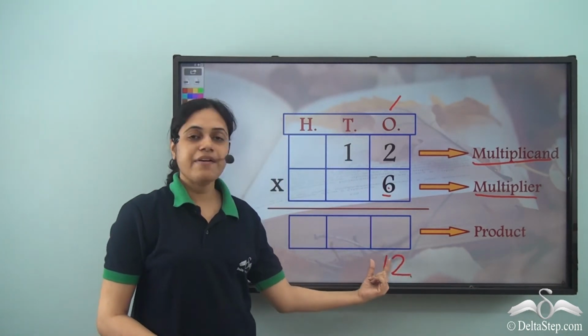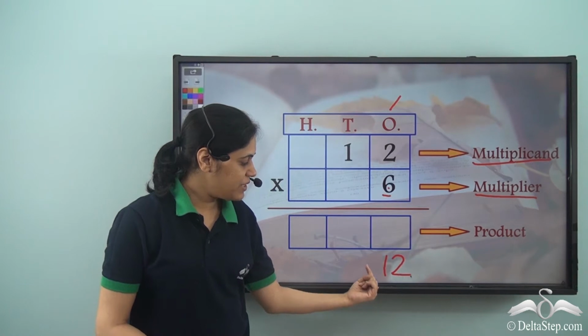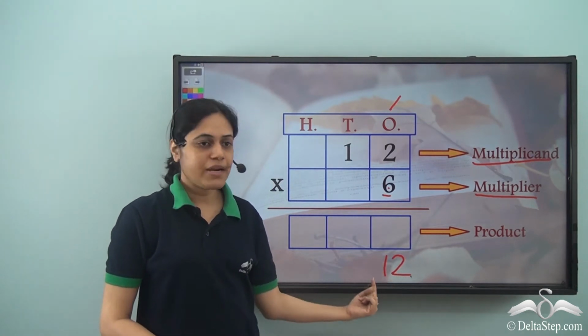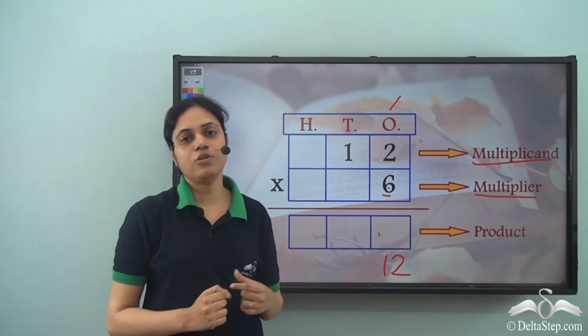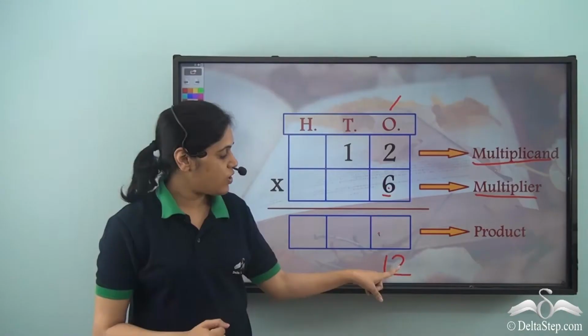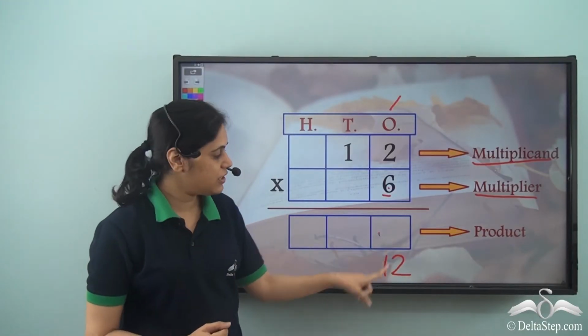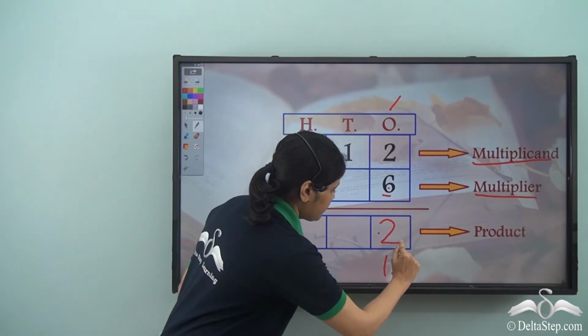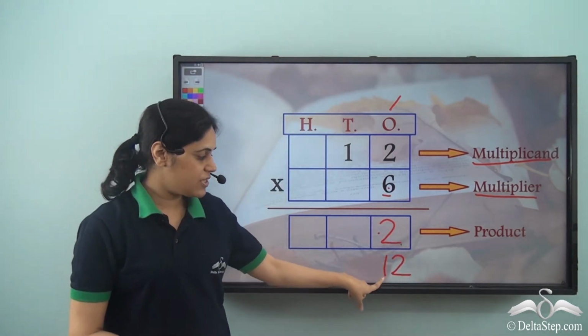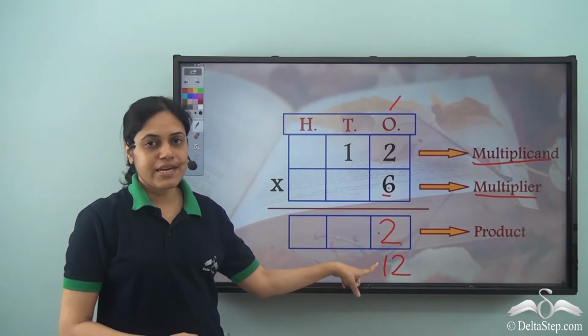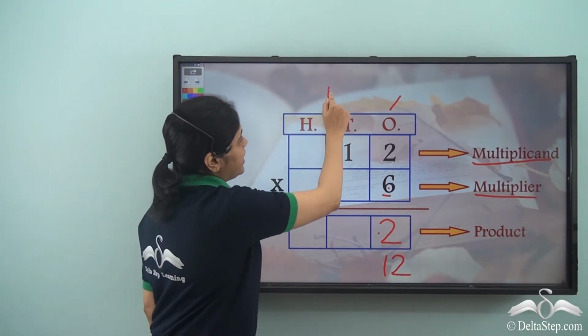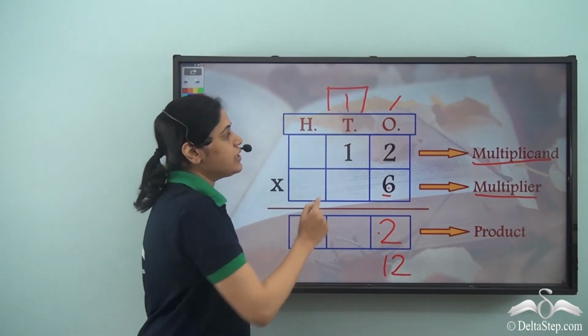Now when I have 12, that means I have 2 digits. But 2 digits cannot go in a single room. So I put the digit on the right in this room. And what is this? This is 1 ten. So 1 ten will go in the tens room.